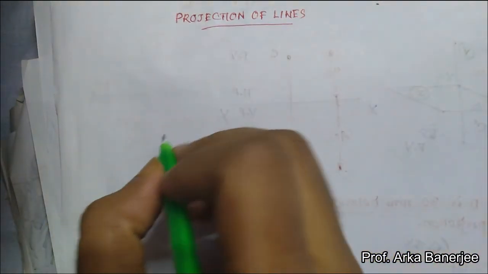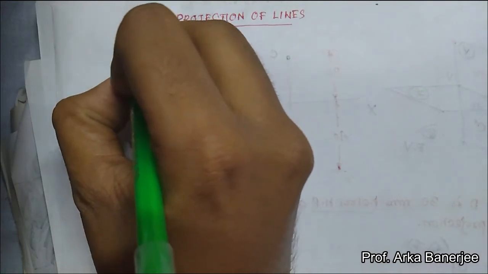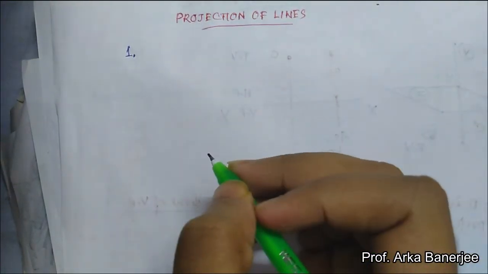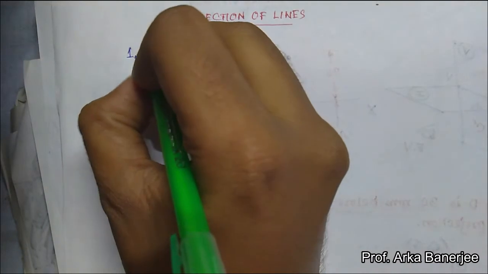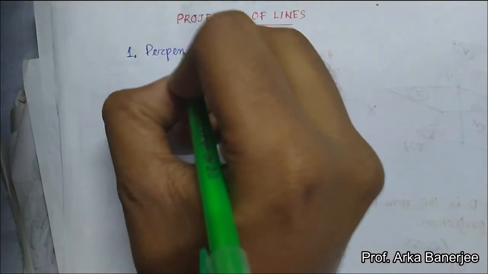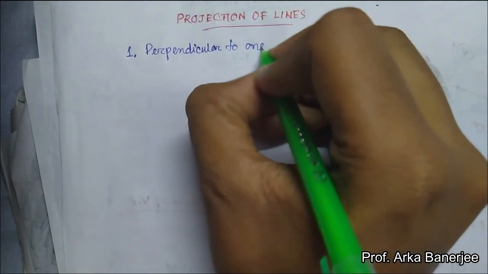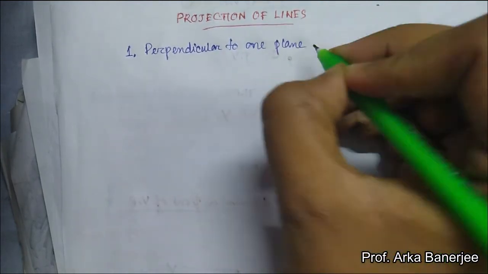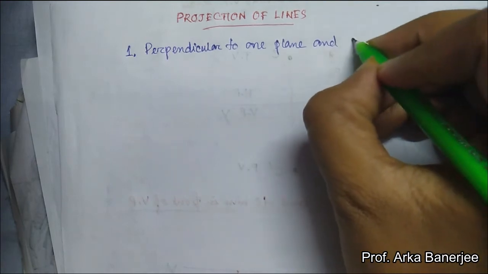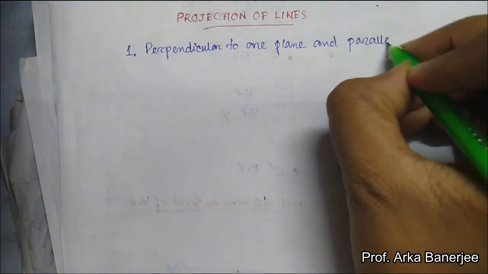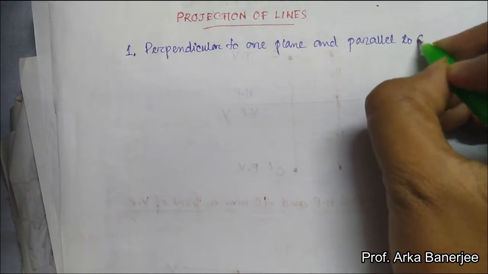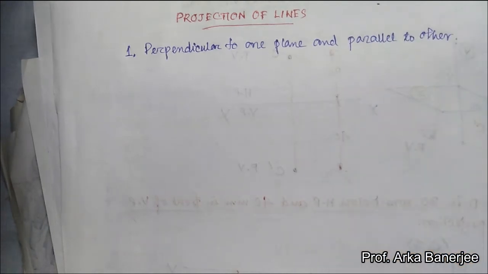First, it may be perpendicular to one plane and parallel to the other. Okay, so one straight line may be perpendicular to one plane and parallel to the other.